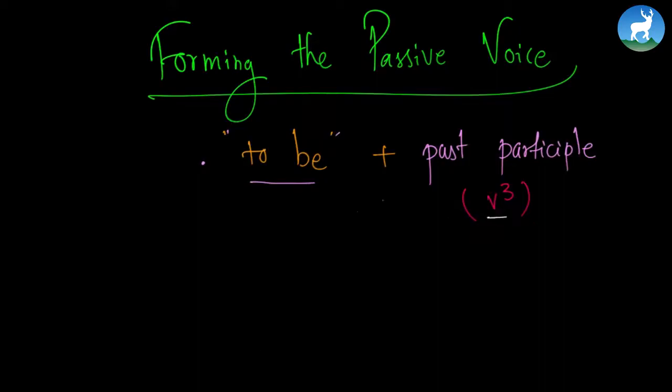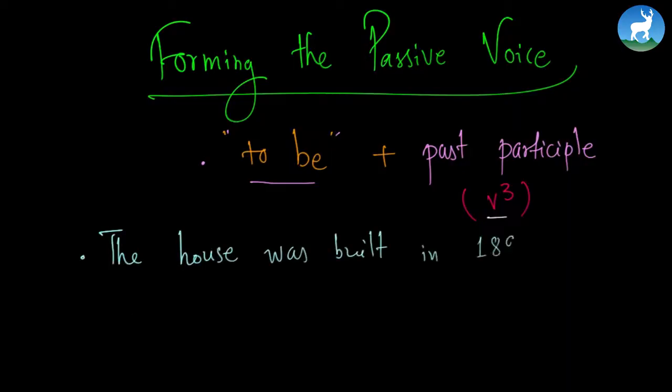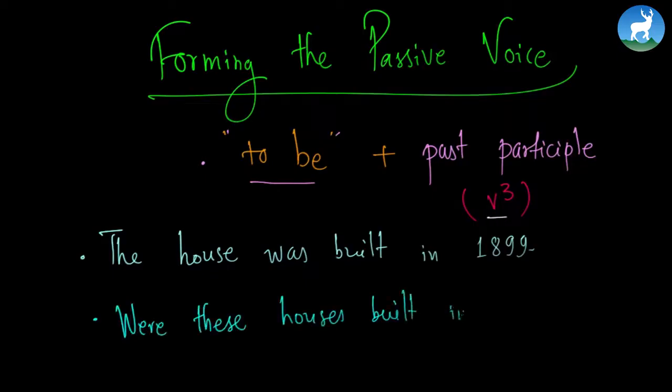All right, let me give you two examples. The house was built in 1899. Let me give you another example. Were these houses built in 1899? So let's find the passive construction. The house was built. Clearly, was is the be verb and built is a past participle.